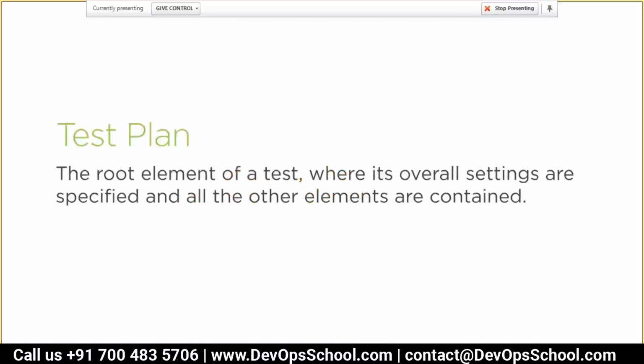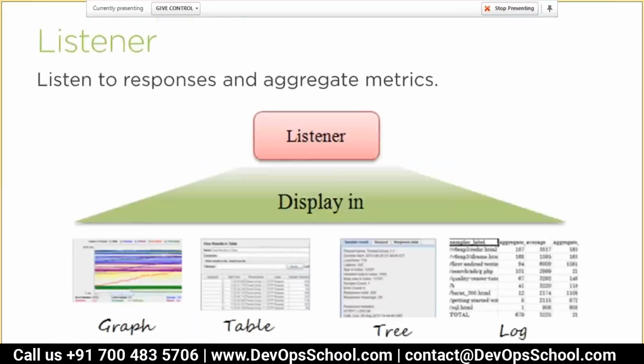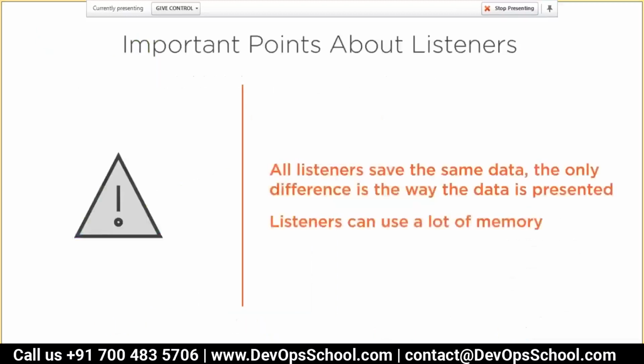The listener listens to the response and gives you the metrics, aggregating the metrics in the form of a graph, table, tree, or log. There are different kinds of listeners, and a listener gives you the test plan request, response, and aggregated metrics.